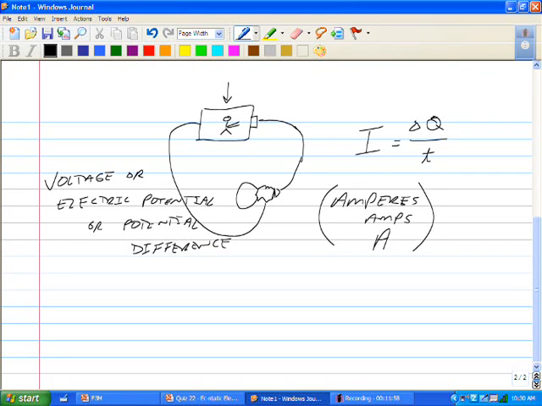Now, we've been talking about how this movement of charge is analogous to the mechanics you learned first semester, right? Newton's first law says that things want to keep doing what they're doing, and so if we're going to change that motion, we need an unbalanced force.